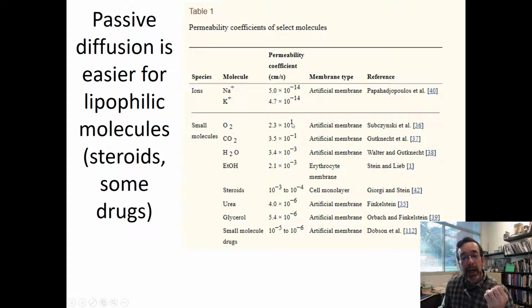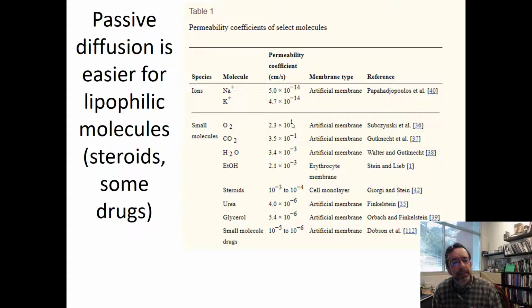Oxygen has a high permeability coefficient. This is actually good news because it means you don't need an oxygen transporter in a cell. You just let the oxygen diffuse across. Carbon dioxide as well, pretty high. Water is actually still pretty high, but this is for an artificial membrane.